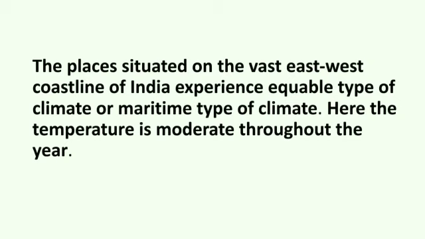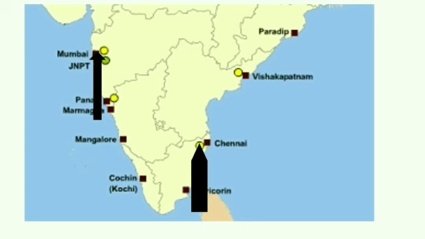The places situated on the vast east-west coastline of India experience an equable type of climate, or maritime type of climate. Here the temperature is moderate throughout the year. There won't be much difference in the average temperature. Not only Mumbai and Chennai, the regions which are located close to the sea experience this kind of climate.